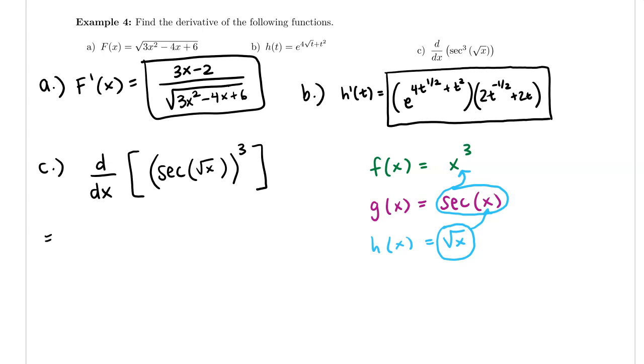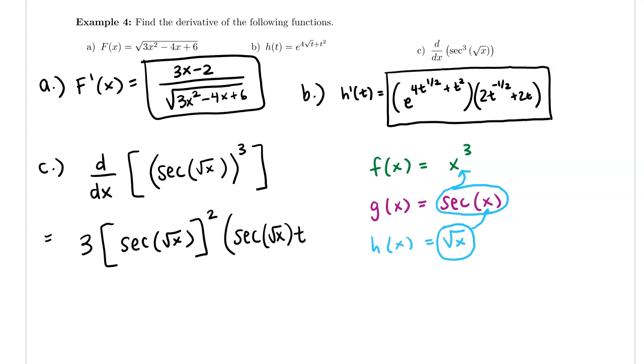So first I'm going to use the power rule on the outermost function, and the inside functions stay the same, and I decrease the power by 1. Now I want to multiply this by the derivative of secant of square root of x. The derivative of secant is secant times tangent, so this would be the secant of the square root of x times tangent of the square root of x.